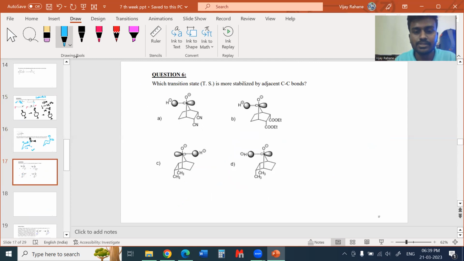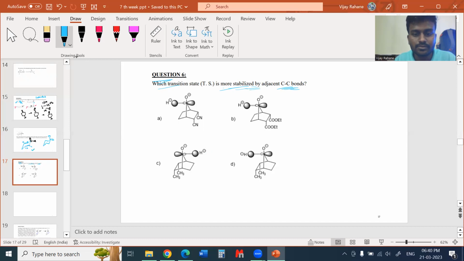Similarly, the next question is also here. Which transition state is more stabilized by CC bond? In this one, they have given 4 transition states, and they have asked which is more stabilized by CC bond conjugation, stabilized by the adjacent CC bond.